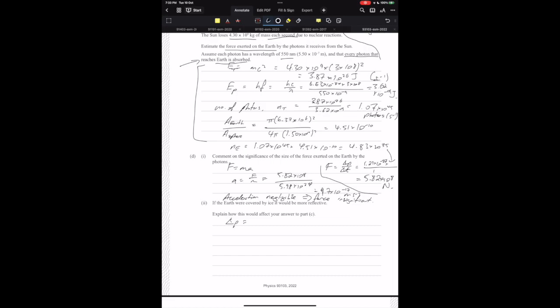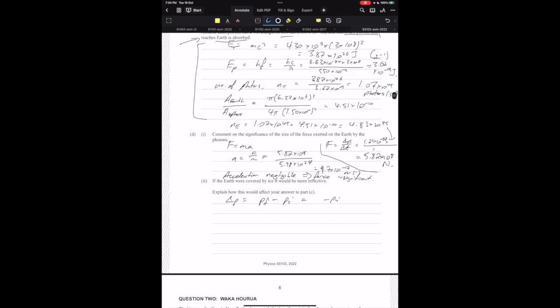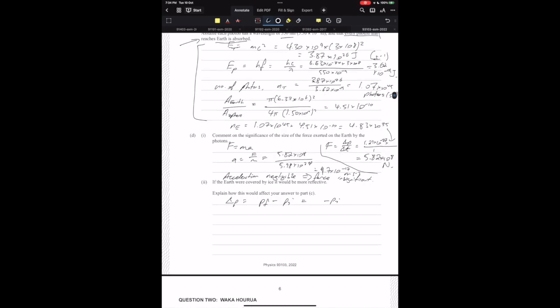So mathematically, we can write it out like this. Change of momentum equals final momentum minus initial momentum. And because final momentum is 0, because the photons are being absorbed, this is just equal to negative initial momentum. But let's say the Earth were covered by ice and it was more reflective. Then the final momentum is no longer 0.